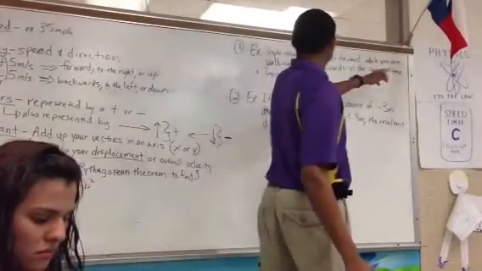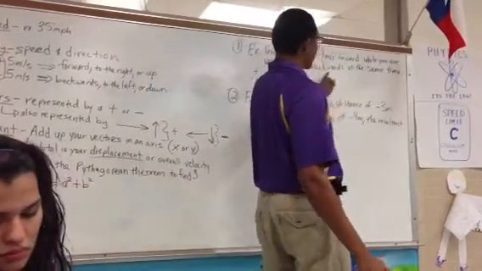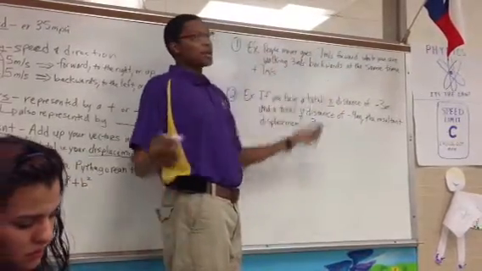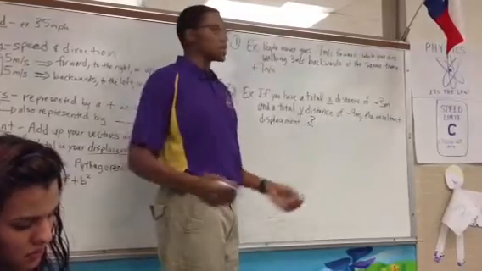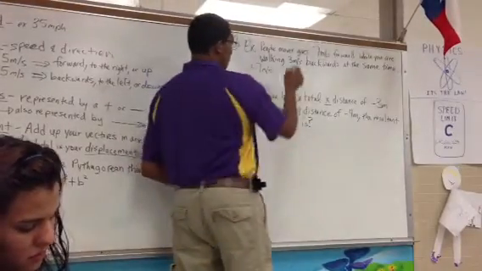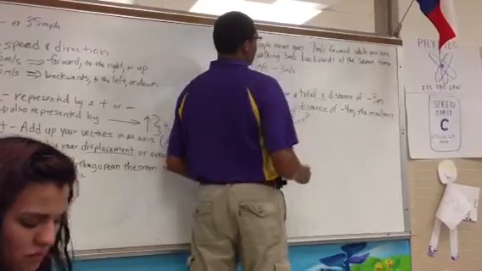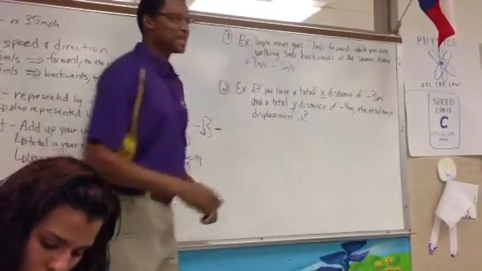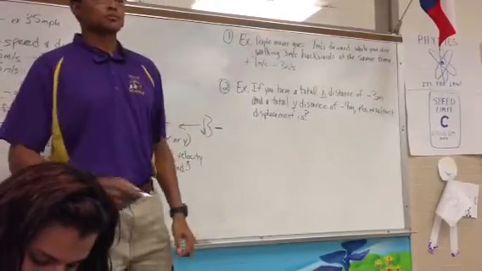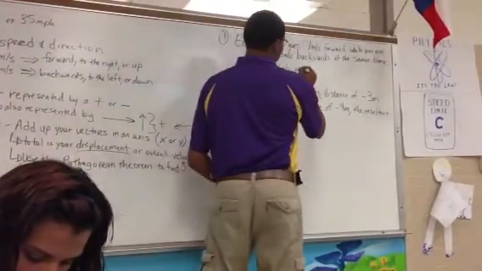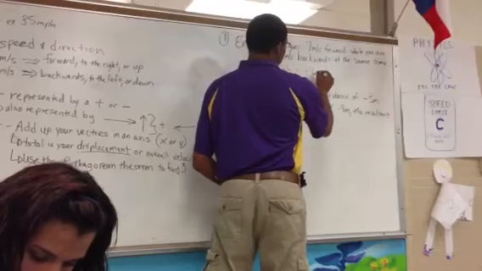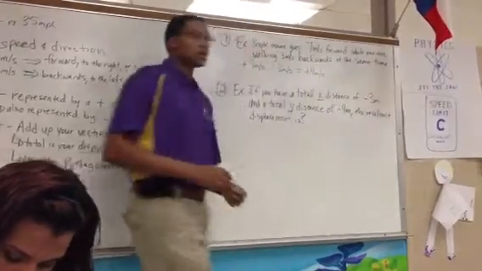And then while you are walking 3 meters per second, what? Backwards. I don't know why anybody would do that, but sometimes people want to do silly things. So I can do this. Minus 3 meters per second. Okay. What would be my resultant velocity? Okay, right. My resultant velocity would be a positive 4 meters per second. Okay, any questions on that?